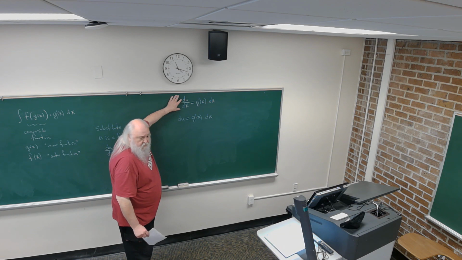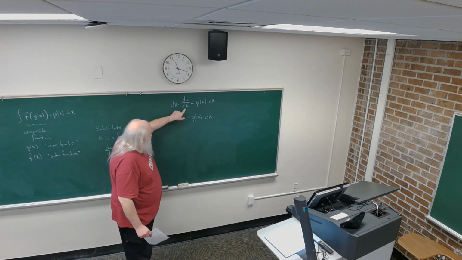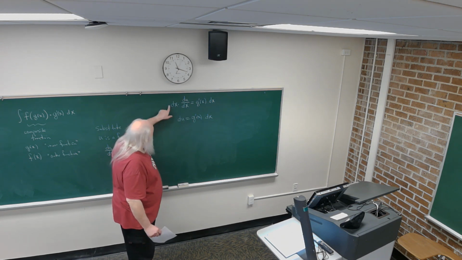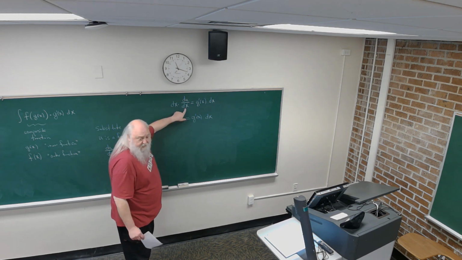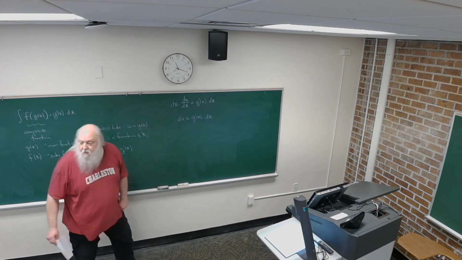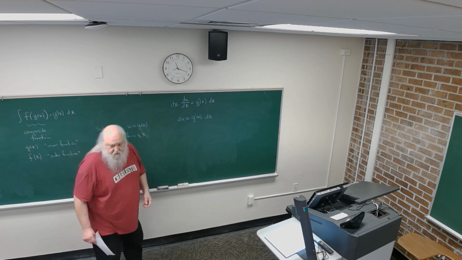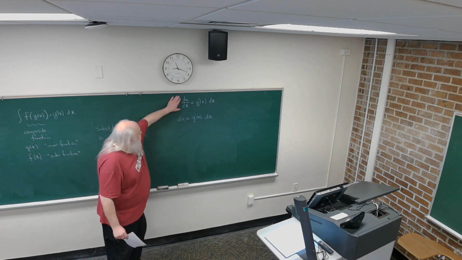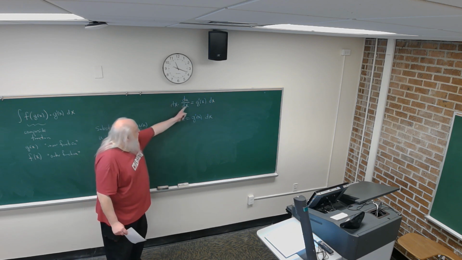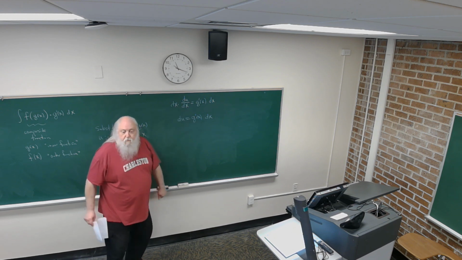It's not a quotient. But if we pretend for just a second that it is, we know when you multiply a fraction by its denominator, what you multiply in the denominator cancels. And in this case, you're just left with du. So we can pretend for just a second that we're multiplying a fraction by its denominator. And the dx is canceled, and you're left with du on the left.